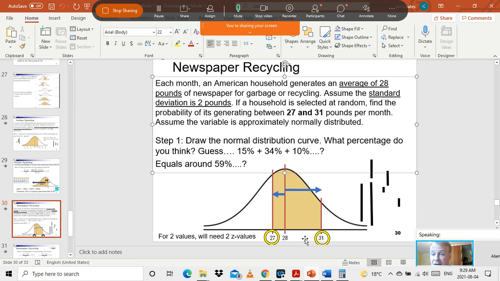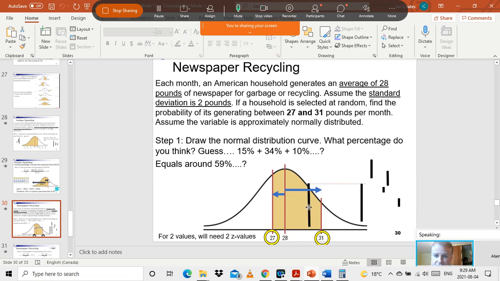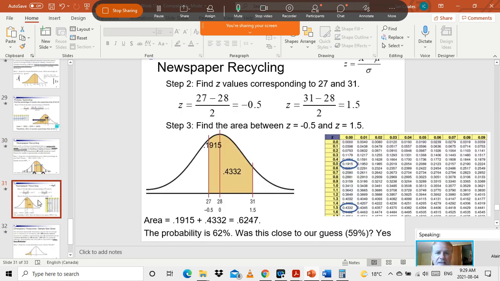You'll need to do Z scores for these two values. You're kind of guessing because you're going to figure out exactly what's happening, but somewhere in there. All right, so let's go.